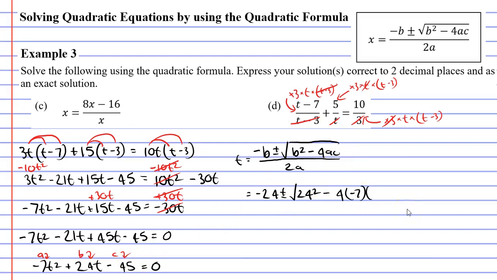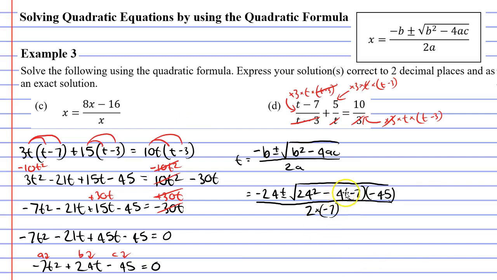So we're going to write down negative 45 like so. Okay. We need our fraction. And at the bottom, our denominator, we have 2a. A is negative 7. So we write 2 times negative 7.